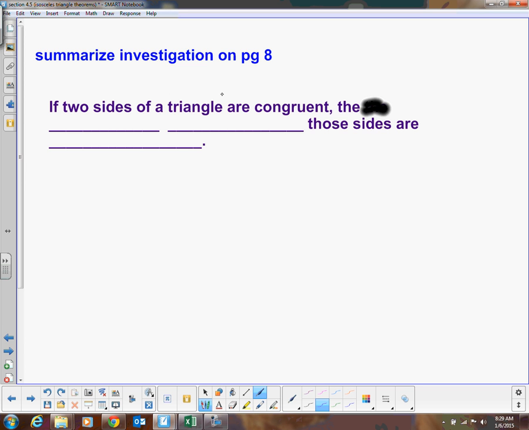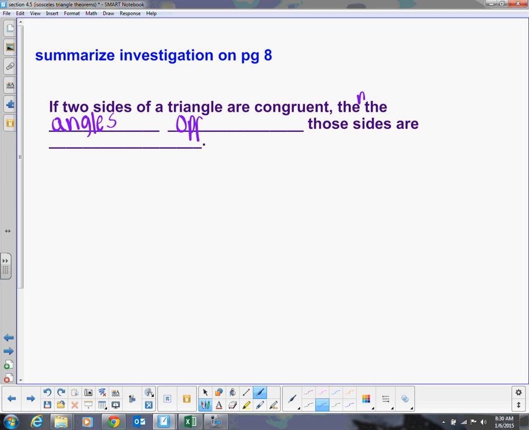If two sides of a triangle are congruent, then the angles opposite those sides are congruent, or equal.